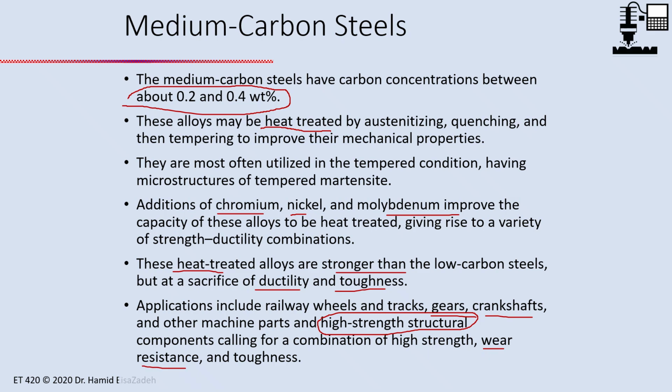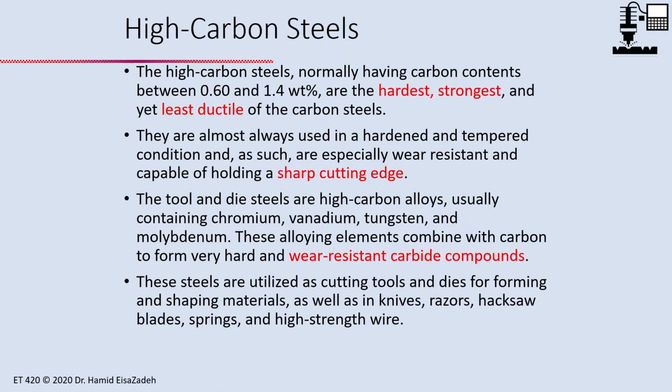The next group is high carbon steel, which is the hardest and the strongest because of the amount of carbon. We have carbon between 0.6 and 1.4 weight%. These steels have the least ductility among carbon steels because of their high strength and hardness.